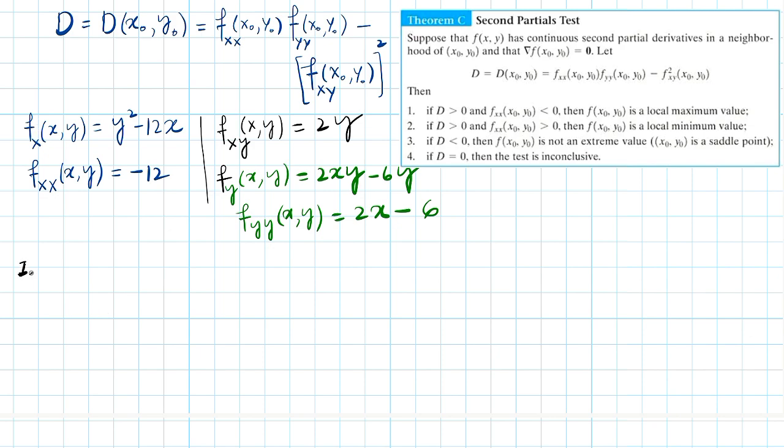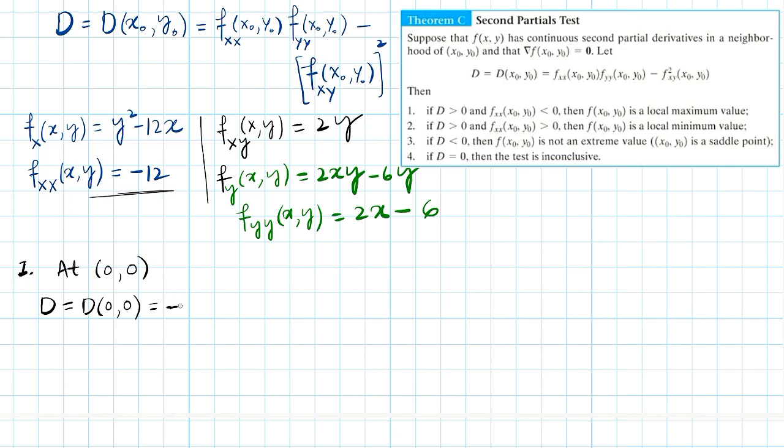So the first critical point is at 0 comma 0. Here x naught is 0 and y naught is also 0. So the discriminant, D at the point 0 comma 0, is going to be equal to the double derivative of the function with respect to x at 0 comma 0, which is negative 12.